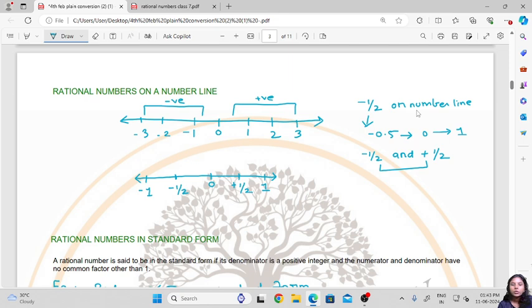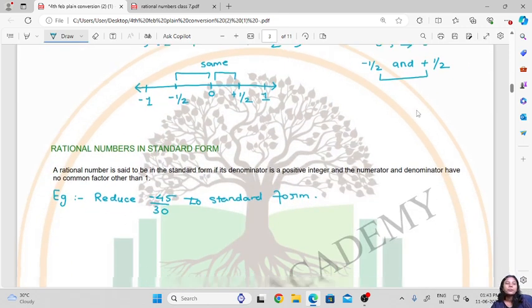Here what we'll know is that the distance between 0 to -half and 0 to +half will be the same. They will be at an equal distance. So this is how we show rational numbers on a number line.